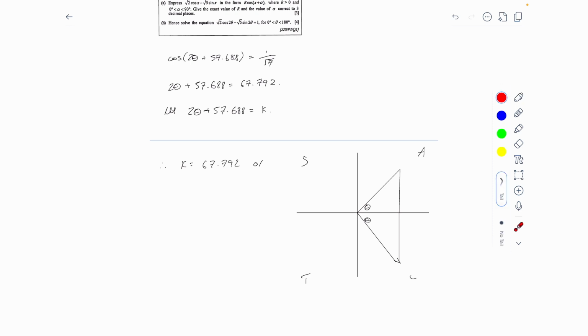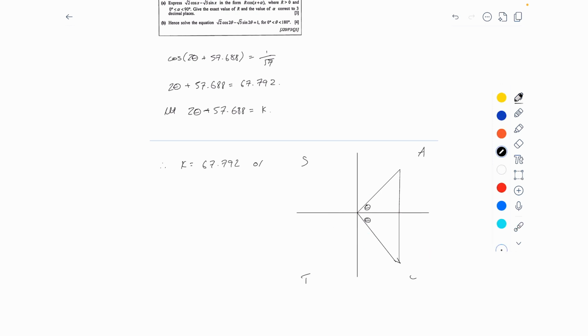Well, our reference angle is going to equal 67.792 here. If we take that around, remember this is going to equal 360 minus theta, right?